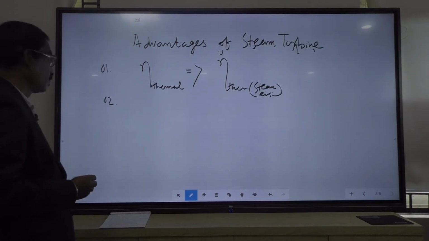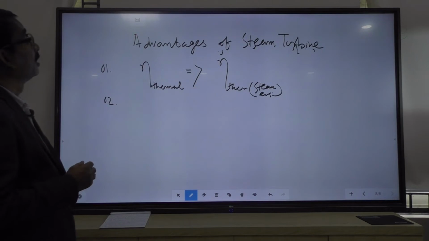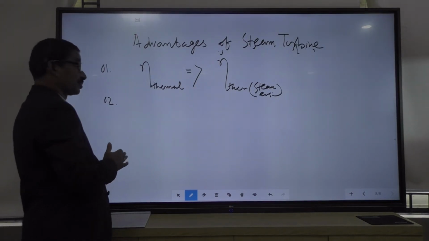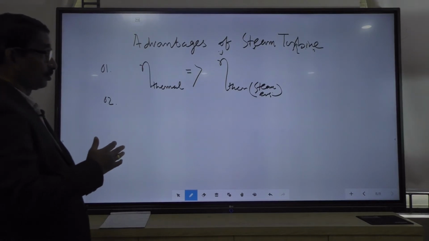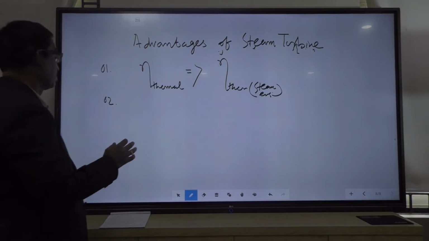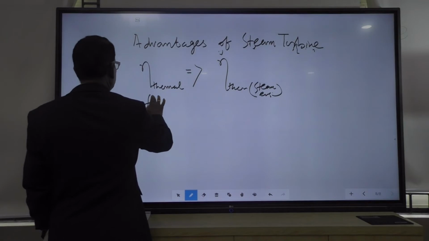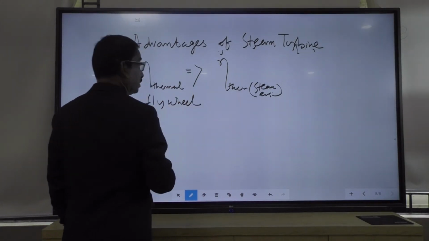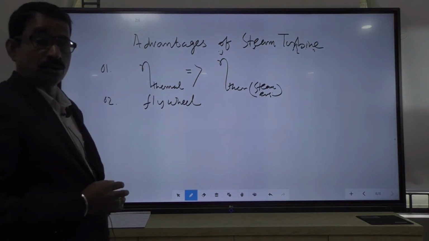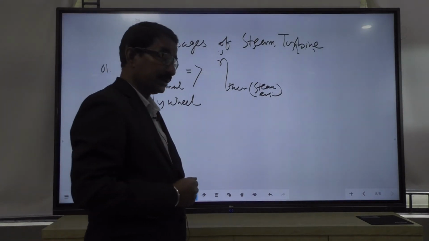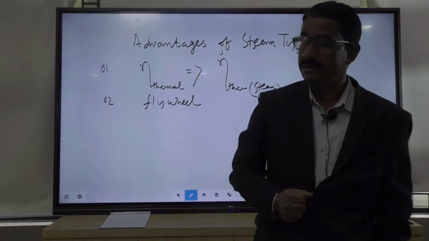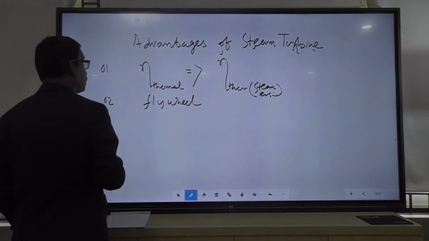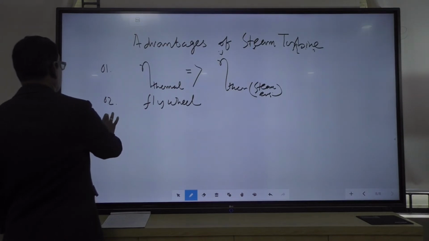Therefore, there is no zero power anywhere. Always constant power is the output of the turbine. So, therefore, flywheel is not necessary. You know, the flywheel's function is to store mechanical energy and release it at the time of need. So, here in this steam turbine there is no need of any flywheel.